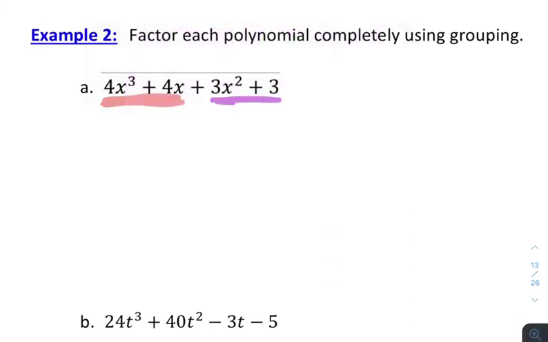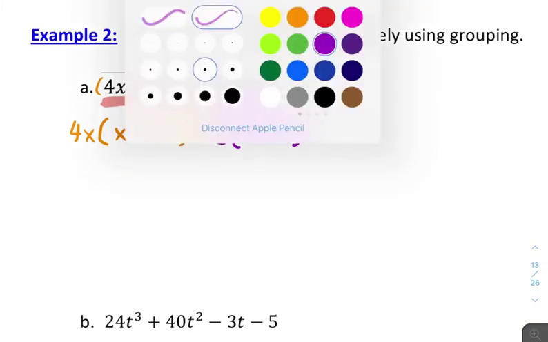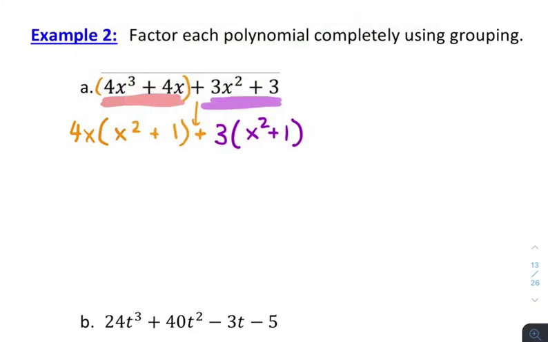Those first 2 terms share a common factor of 4x, so I could factor out a 4x, and that would leave me with an x squared plus 1, so I rewrote it with a 4x factored out. And then if I take those last 2 terms, still have my plus in the middle here, I'm just rewriting this in a different way, I could factor out a 3, and it would look like 3 times x squared plus 1.